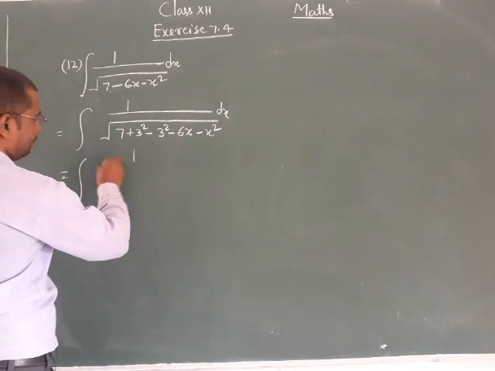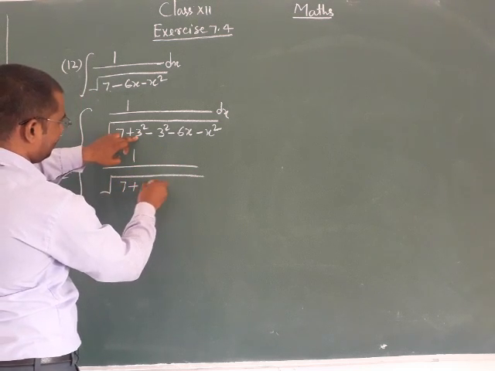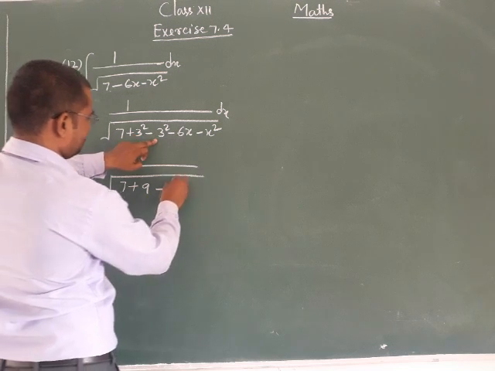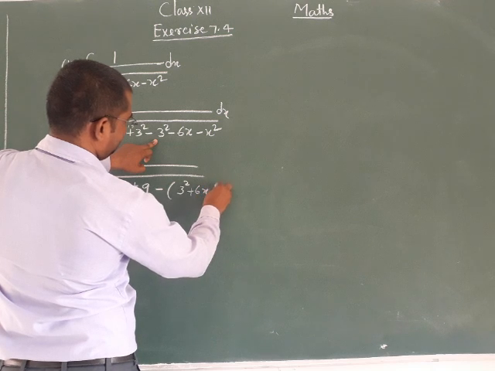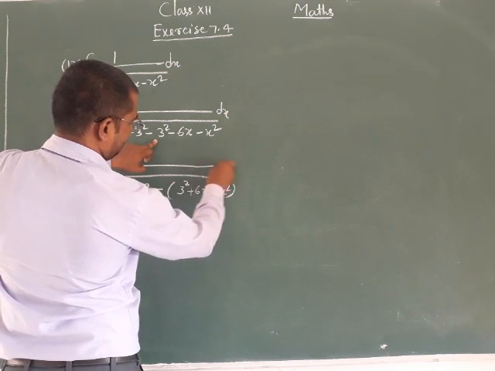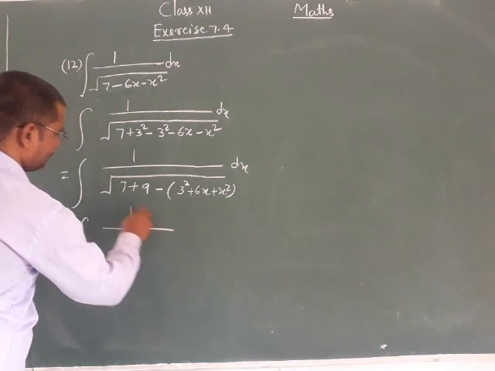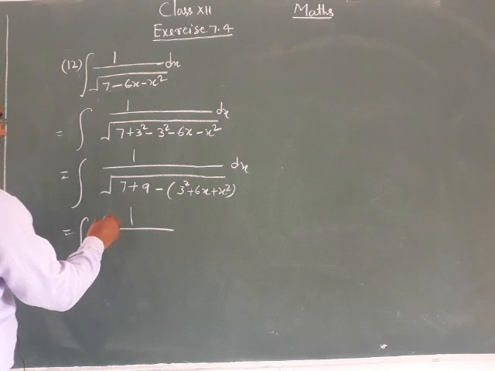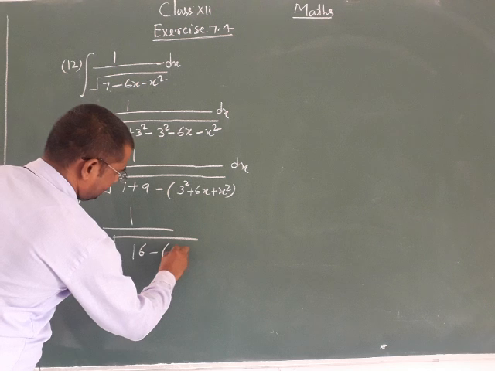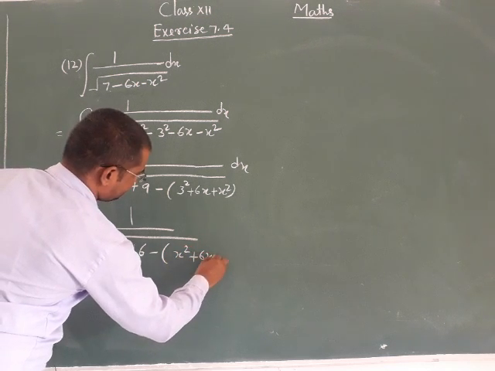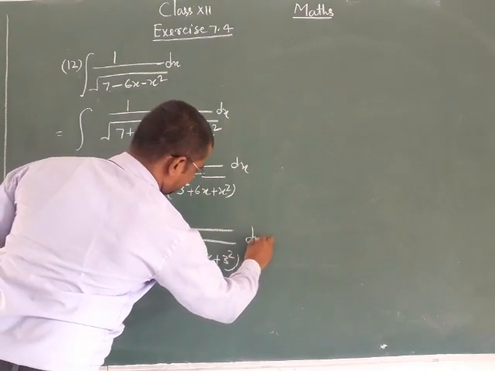Also, we can write 7 plus 9 minus, taking common out, 3 square plus 6x plus x square also dx. Arranging this, 1 upon 9 plus 7, so we get 16 and minus x square plus 6x and plus 3 square dx.